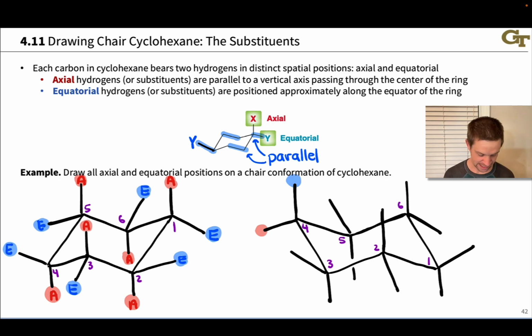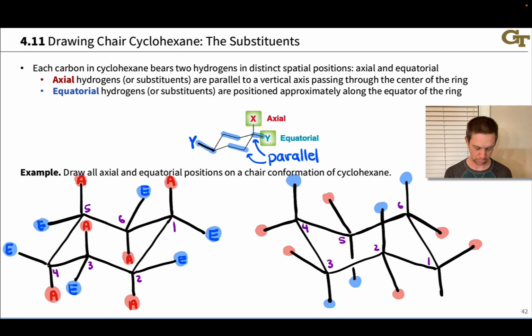And here again, notice that all of these were axial in the original conformer before the flip. After the flip, these are now all equatorial. And again, it's worth watching a video of the cyclohexane chair flip enough times until you've convinced yourself that this is true. Axial groups become equatorial, and equatorial groups become axial.